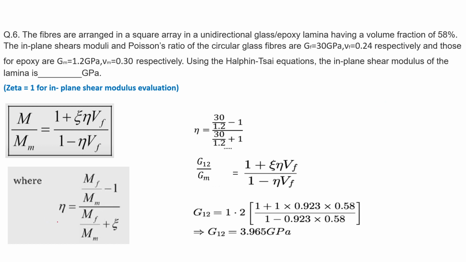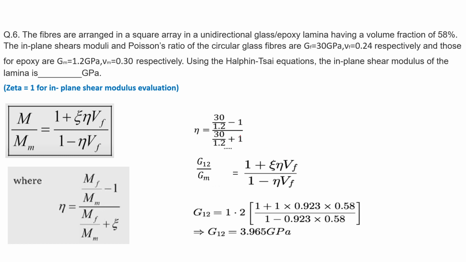So first we have to find the value of this eta. It is equal to MF by MM, so the property of the fiber divided by the property of the matrix, minus 1. Here the shear modulus of the fiber and matrix is already given. We will put those values, and the zeta value will be equal to 1 because we are considering the shear modulus evaluation.